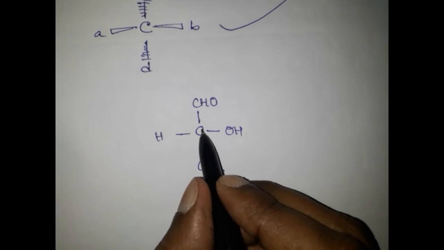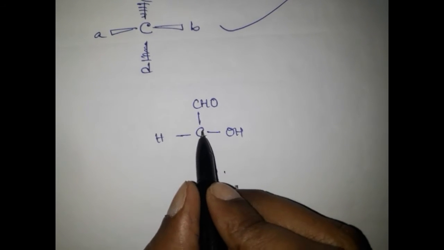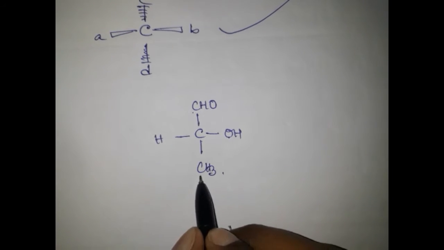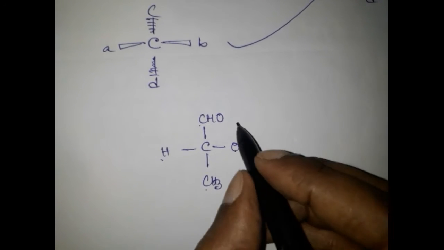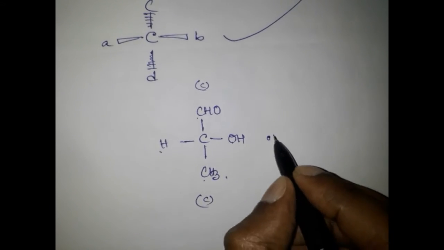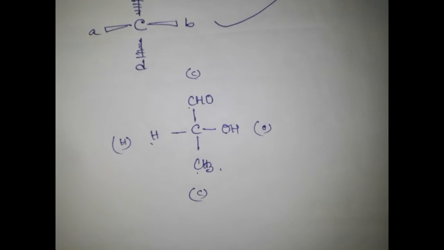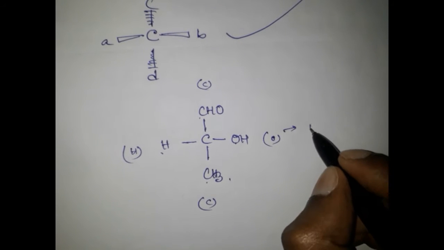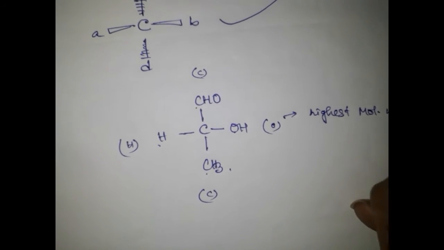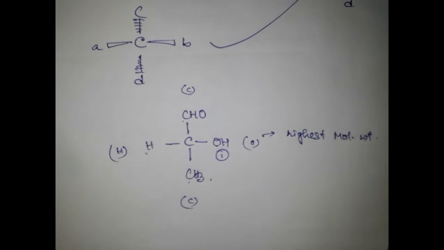Going from the carbon, here is one oxygen, here is a carbon, here is another carbon, here is hydrogen. Oxygen has the highest atomic weight, so this becomes number 1.